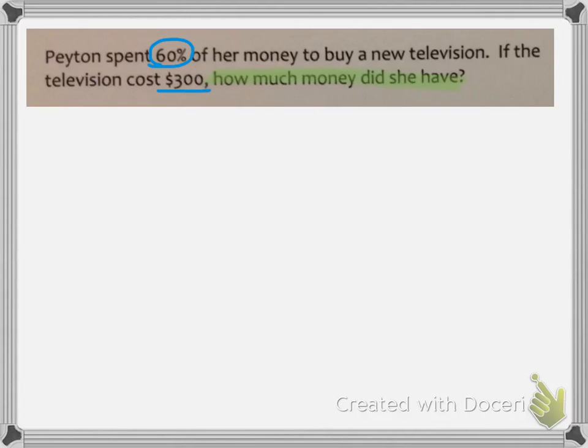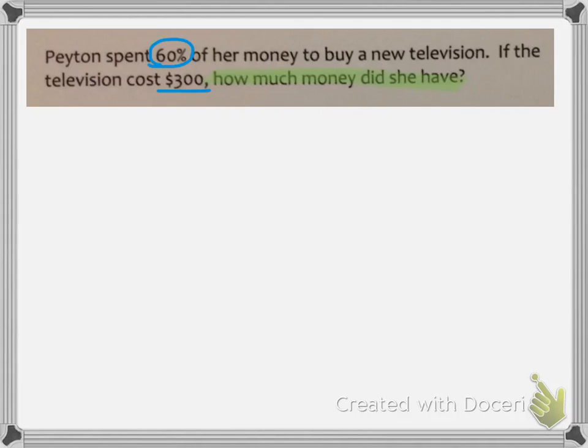So those are the numbers that I know. It's important for us to make sure we understand exactly what the question is asking us. Peyton spent 60% of her money on the TV, and the TV cost $300. That means that $300 is 60% of the money she had.